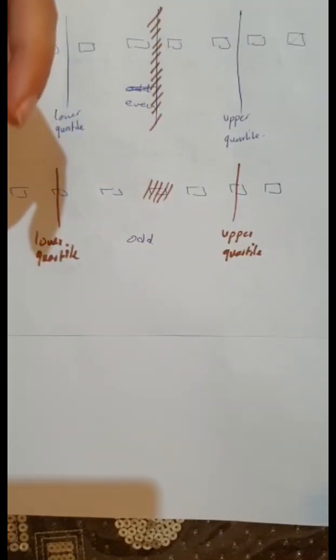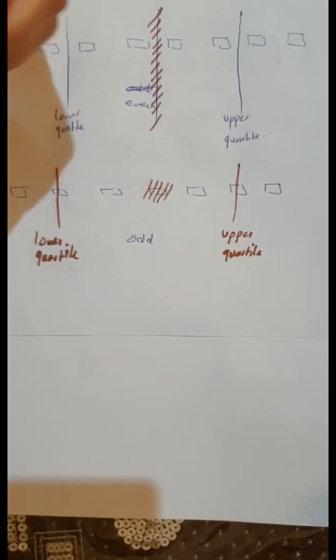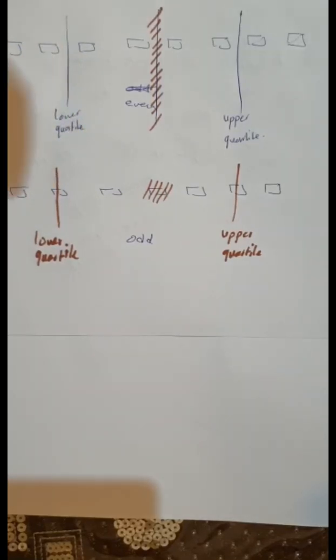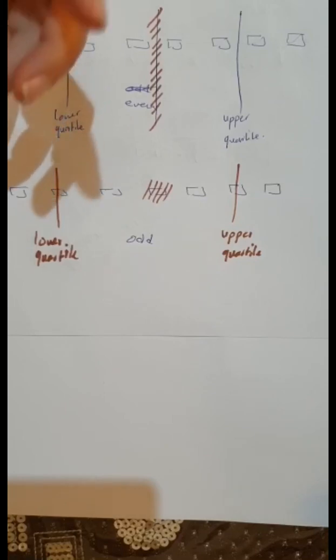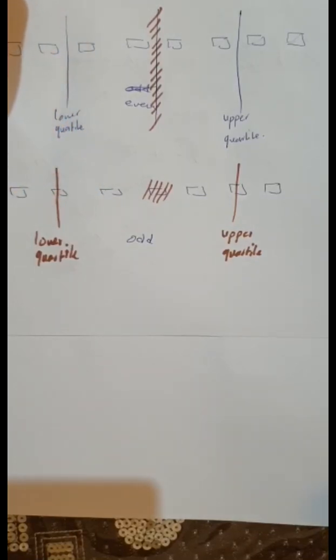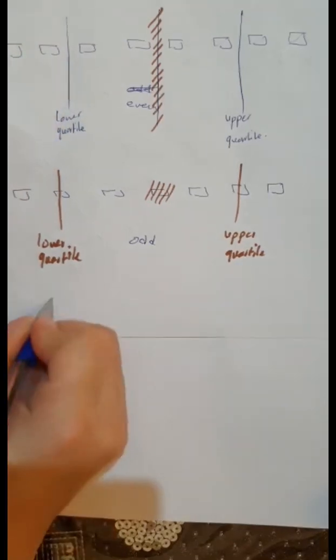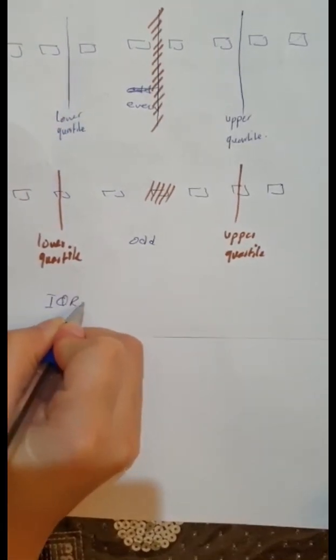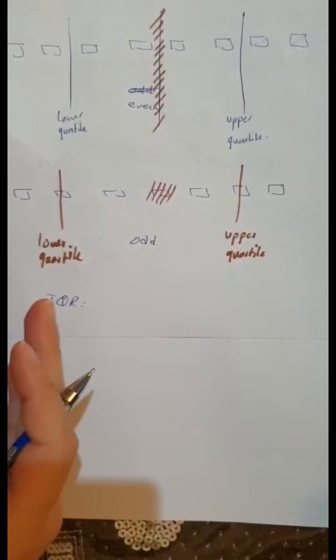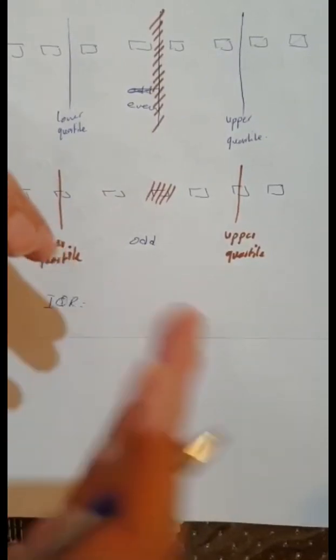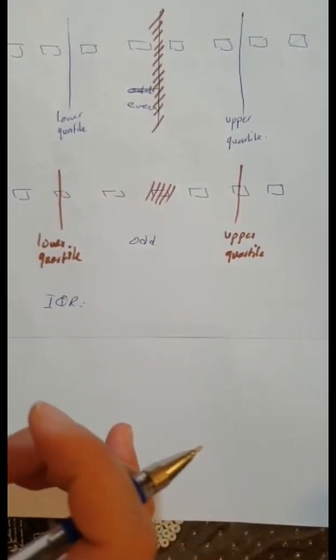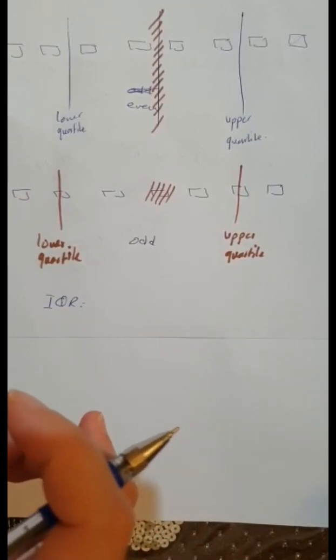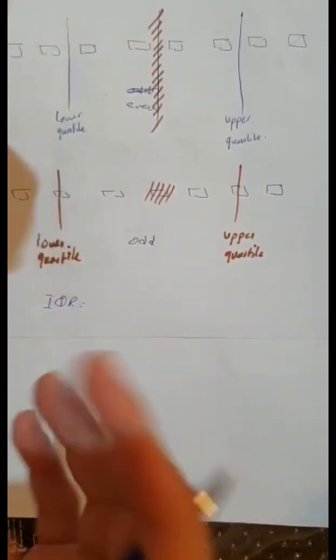So I need another method to find the relation between the data if we have such outliers in the values. I'm going to use in this case the interquartile range, which is IQR. It will show me the separation of the data more reliably than the range, because it's not affected by the outliers.